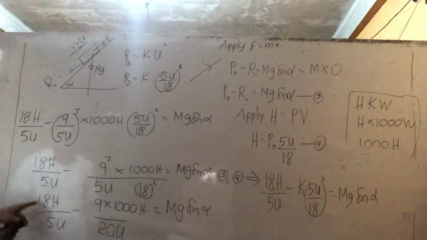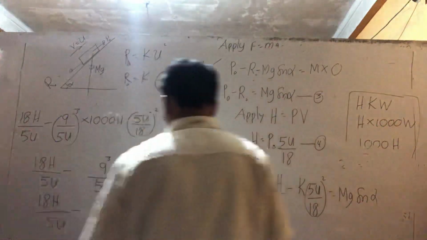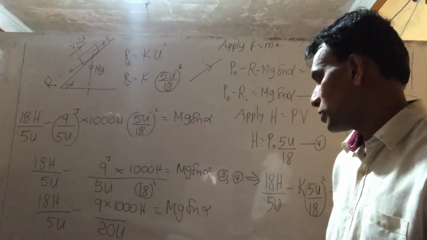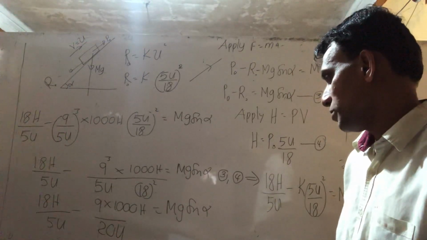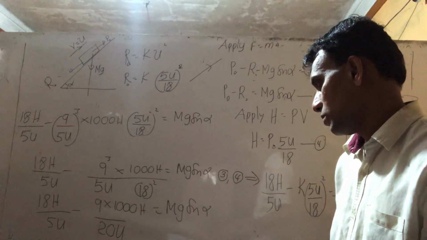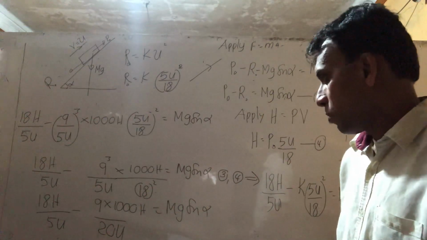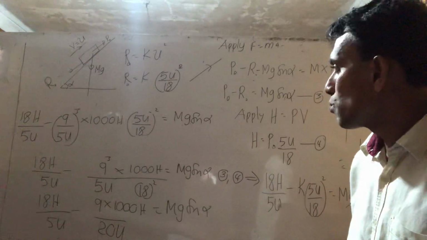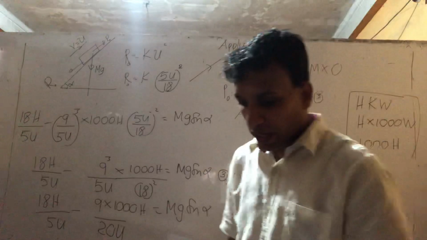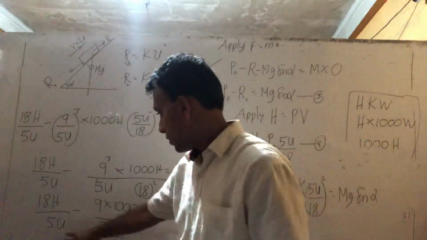Now simplify 432. You can get these all answers. Take the h out and 1000h. The problem, find h value. So if you rearrange, you can get the answer. H equal 20 comes here, 20.